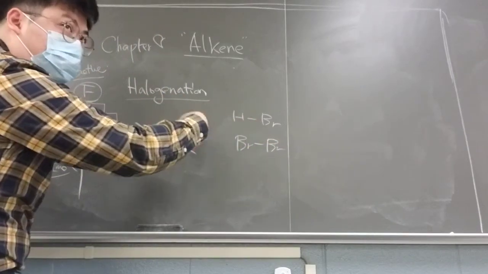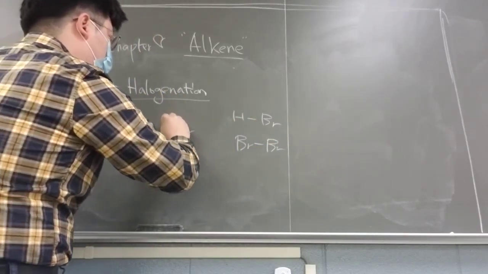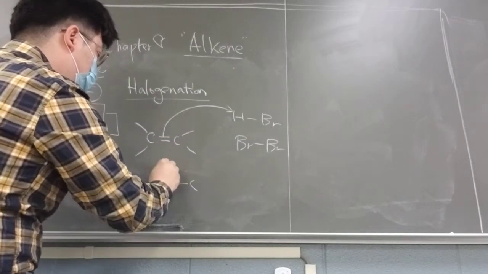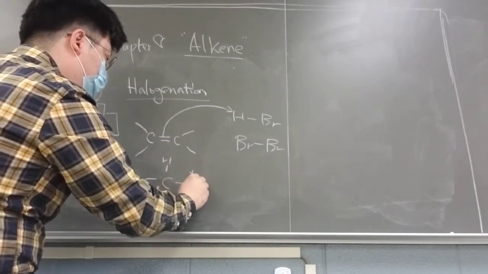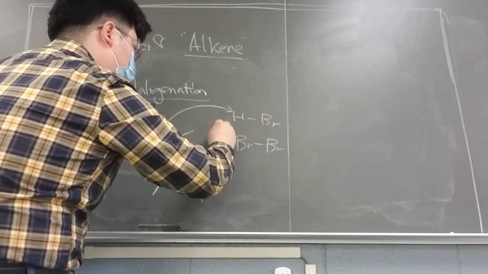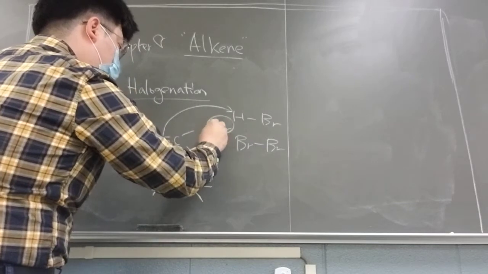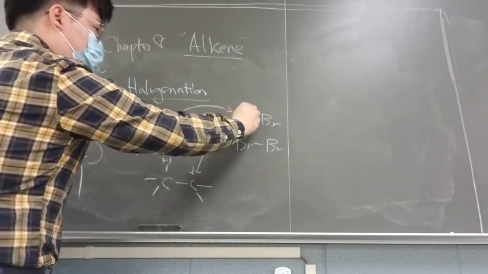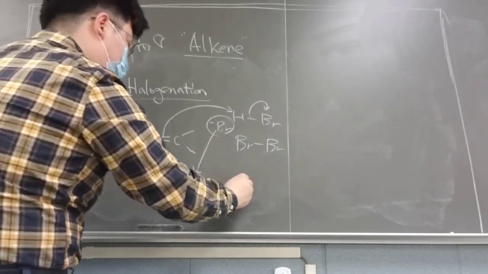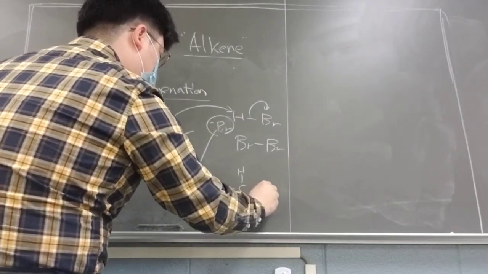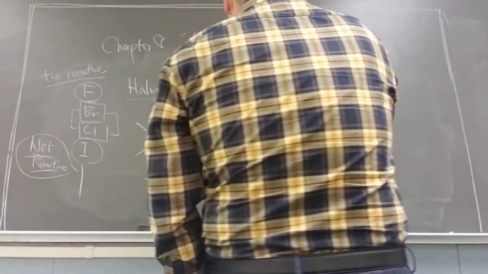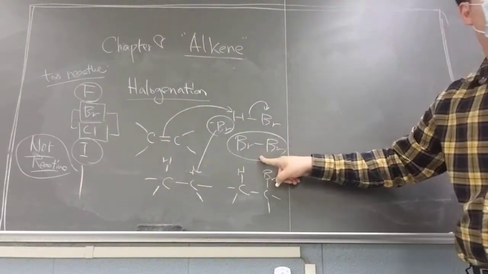So maybe this has a similar mechanism. This one works first, and then this one later comes here because it's now negative, because now the pair went to here, now it goes to here. So maybe we can apply the same.